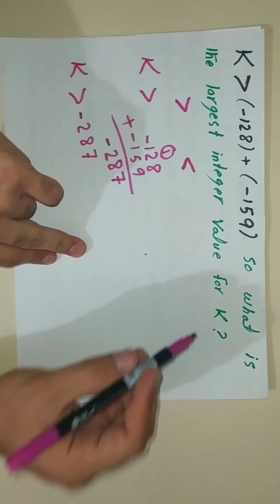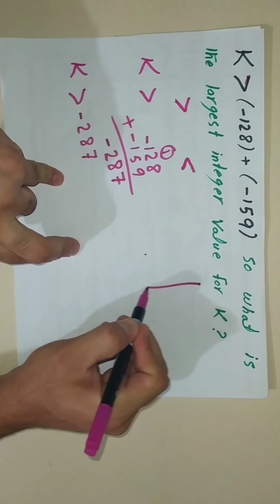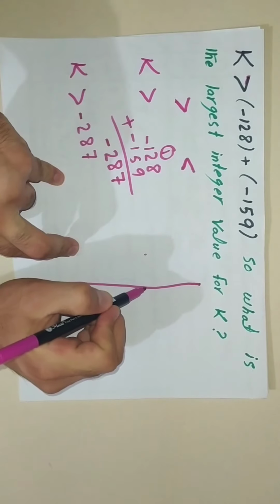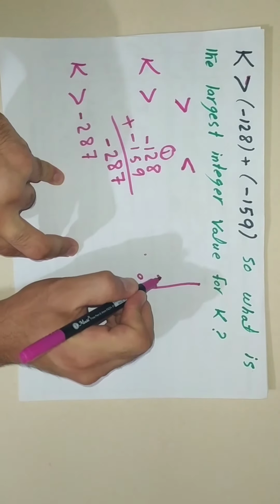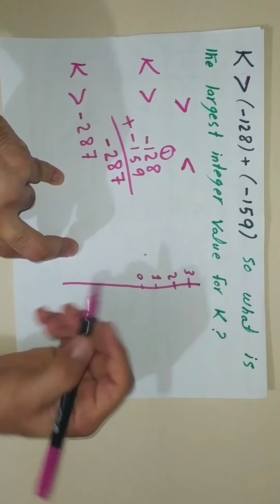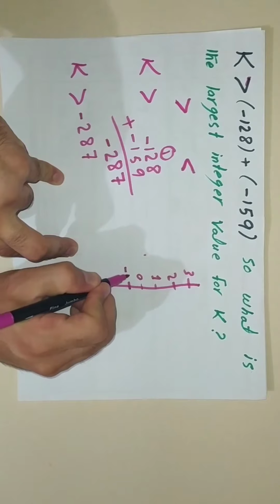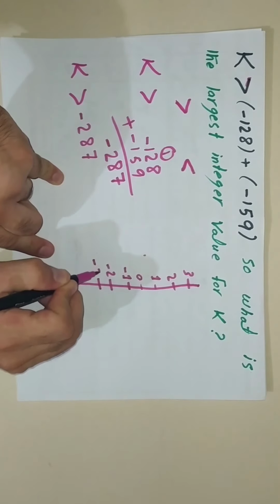Now I will make you understand one thing. Like this is 0. If we go upside, it is 1, 2, 3. If we come downside, it is minus 1, minus 2, minus 3.